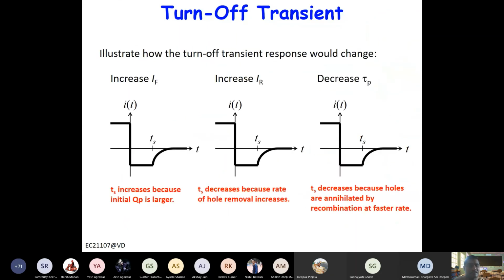Okay, now let's do some exercise. How would the turn-off transient respond if you increase the IF? IR you are not changing. IF is increased, so you have this current here. How will the turn-off transient change? What will happen to TS? Will it increase or decrease?